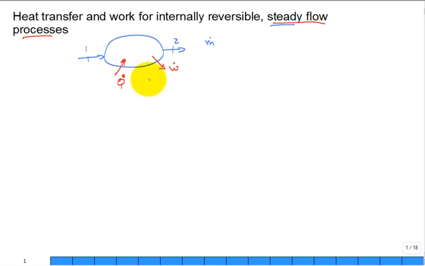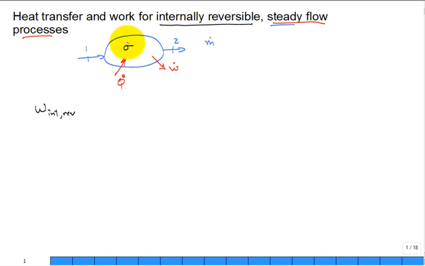And there's a very interesting result that if you have the work per unit mass, so we're using a lowercase w, if it's internally reversible, what does that mean about internally reversible?